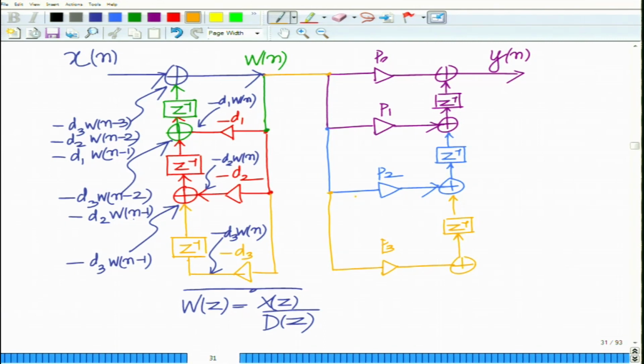So what you have here is, let me just mark this, at this stage you have p1 w(n), at this stage you have p2 w(n), and at this stage you have p3 w(n).